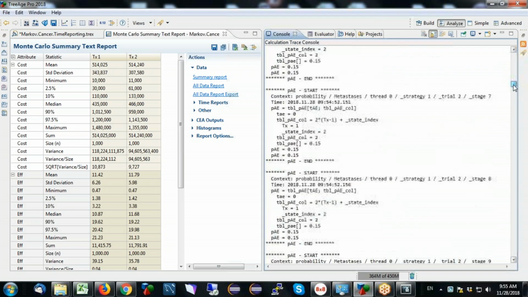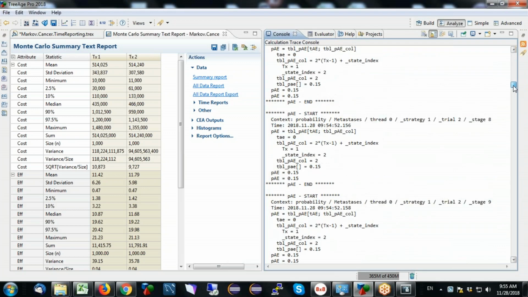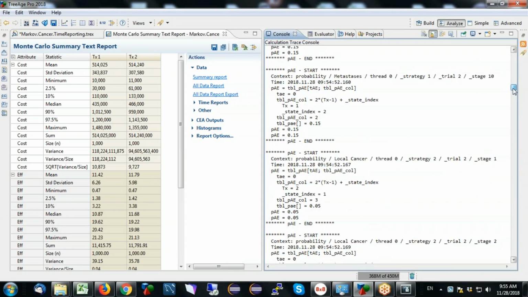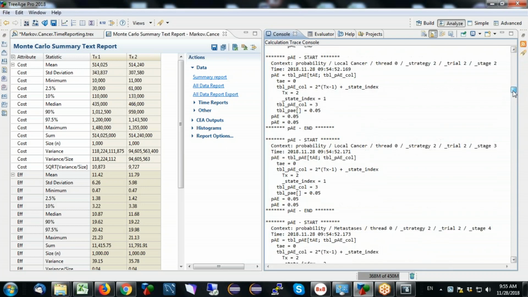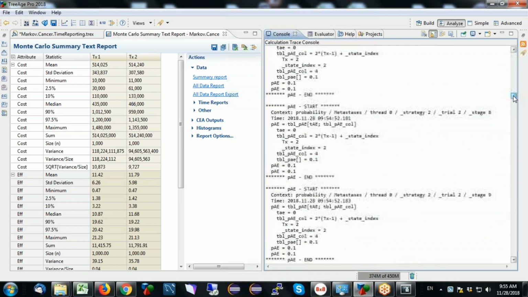And I could keep looking through this to find different combinations of things. I'm hoping to find someone who's had an adverse event before, but I may not see that. Treatment 2, local cancer, it's 5%. Okay, here we're in treatment 2 in the metastasis state, and it's back to 10%.